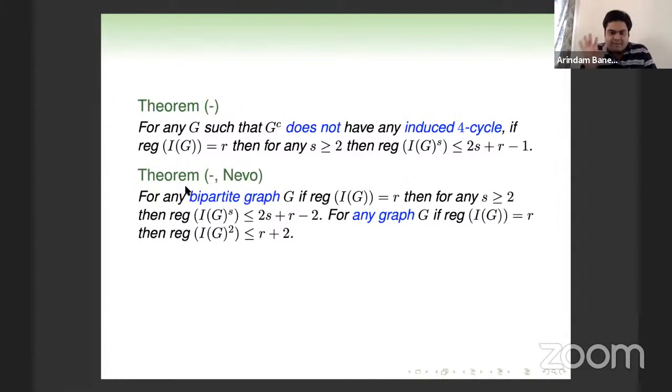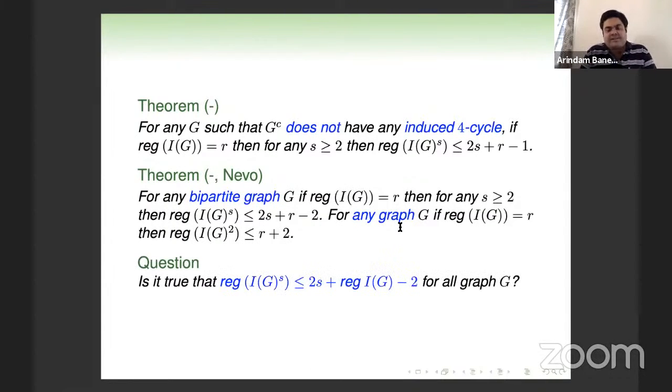But recently, Nevo and I could prove that for any bipartite graph, at least, that optimum bound holds. And for any graph, we can prove it just for the square. The following question still remains open. By the way, this is a question many people have tried in the last 6-7 years, and there have been many papers in this direction, but it still remains open.